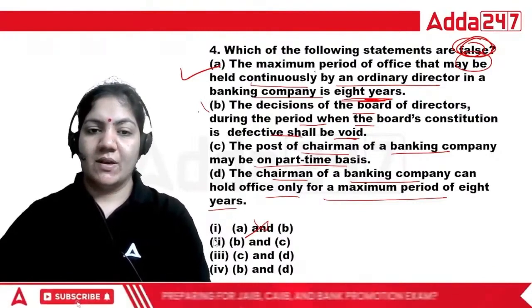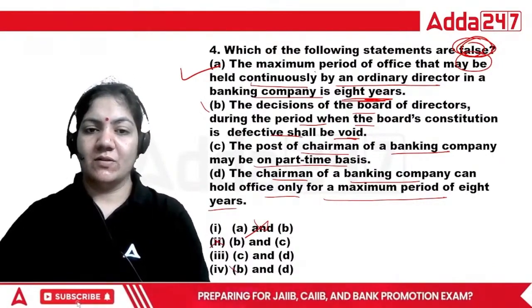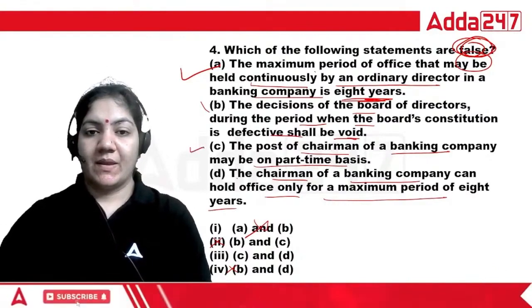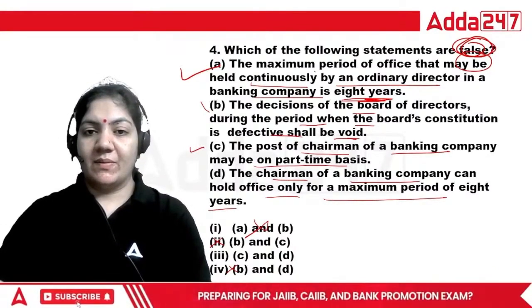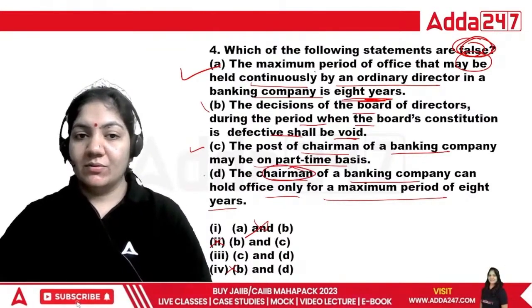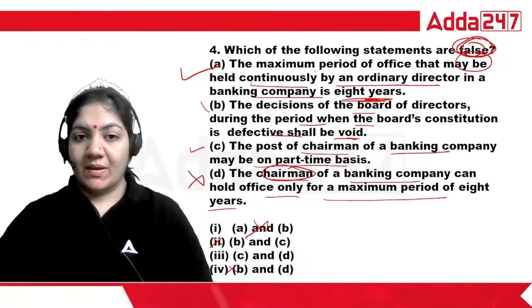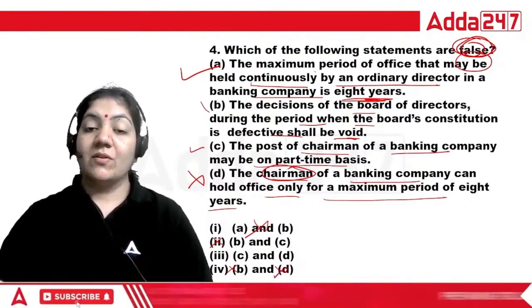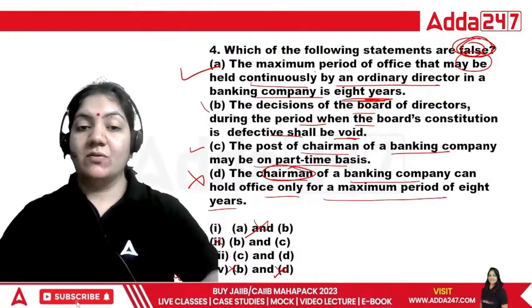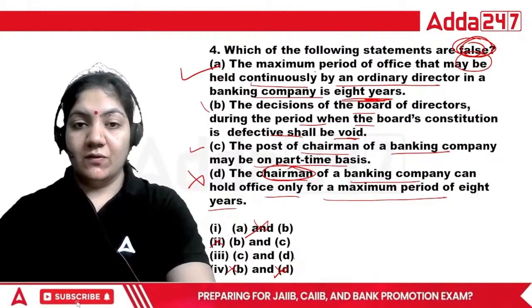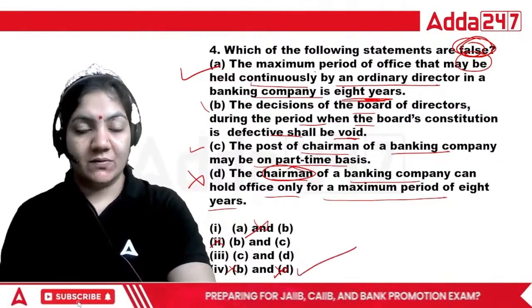B is false. The post of chairman of a banking company may be on a part-time basis. The chairman of a banking company can hold office only for the maximum period. No, not chairman, class. So D is also wrong. It is only for the director. So that's why for the fourth one, D is the right answer.